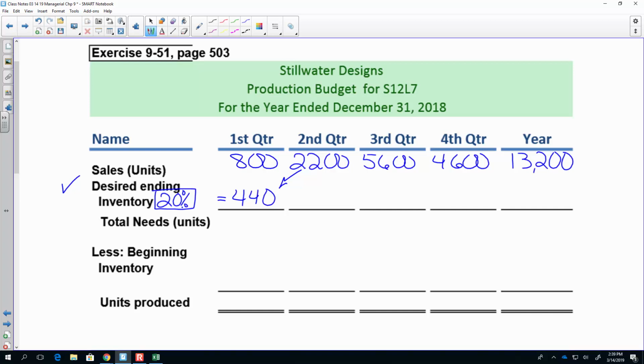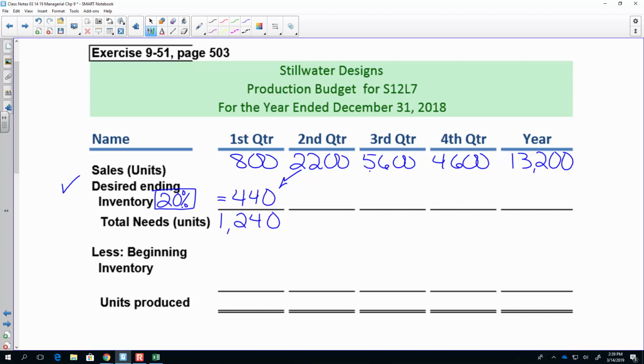Rather than entering the 20% in the formula 4 times, now I'm going to change the formula 4 times. So try to be creative. Think how you would like it to be or look. Is 440 correct? Yeah. Thank you.